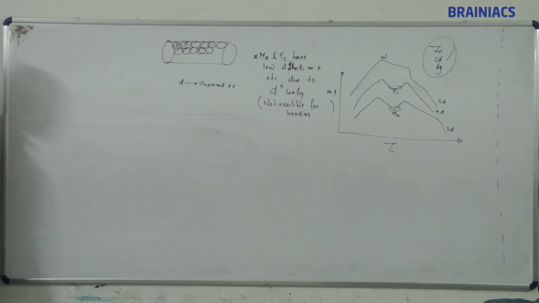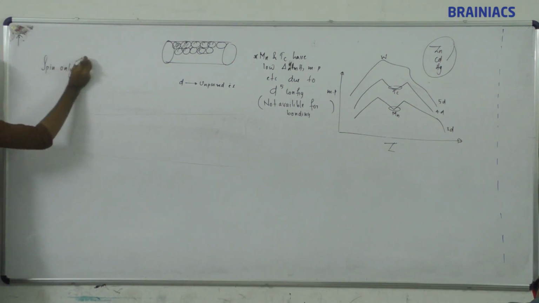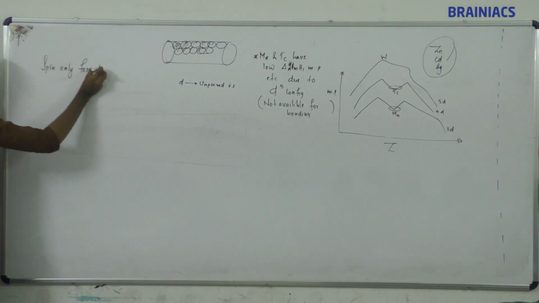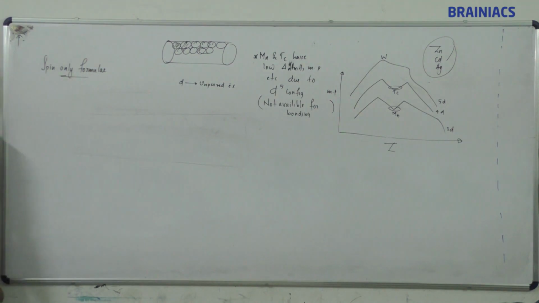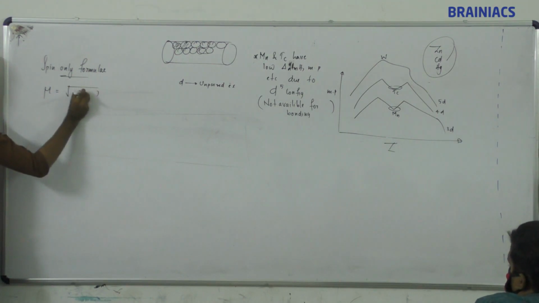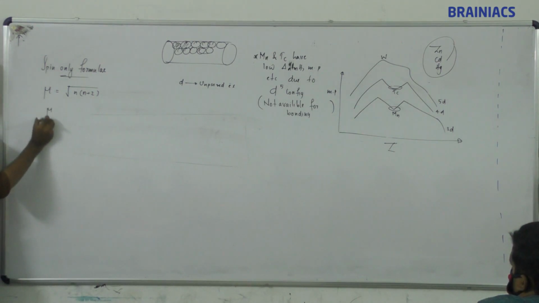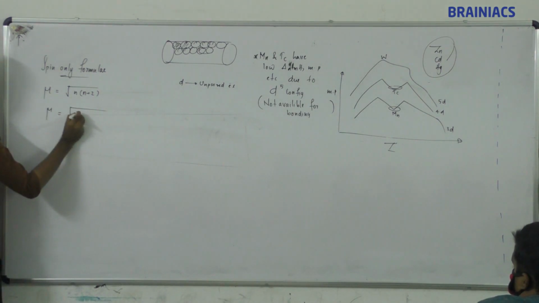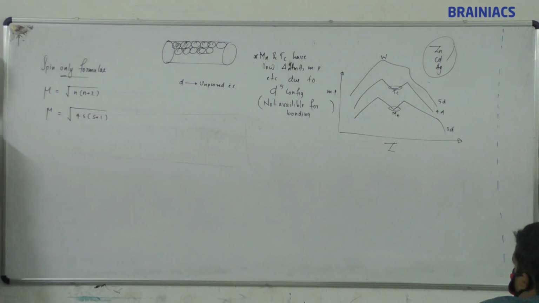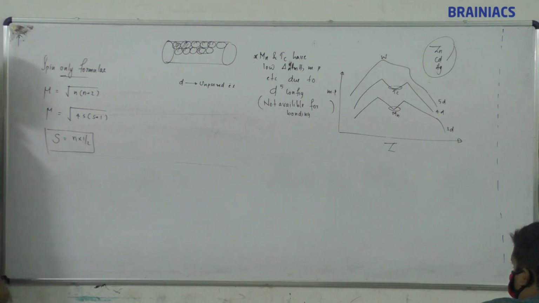So there is a formula for finding the magnetic moment, the spin-only formula. That is mu is equal to root of n into n plus 2. Or mu is equal to root of 4s into s plus 1, where s is n into half, the summation of spin.